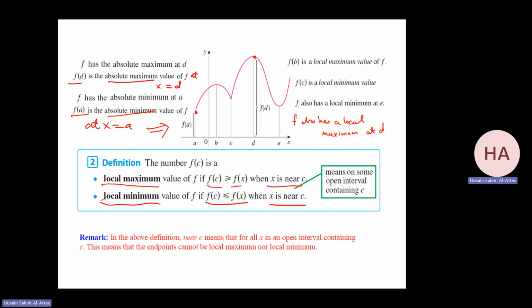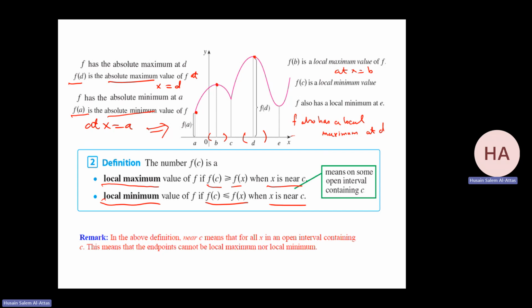Now let me consider the local maximum and local minimum. Local maximum, if we think about b, if we take an open interval containing b, then this will be a local maximum. So f of b is the local maximum at x equals b. Okay. Now, what will happen at d?